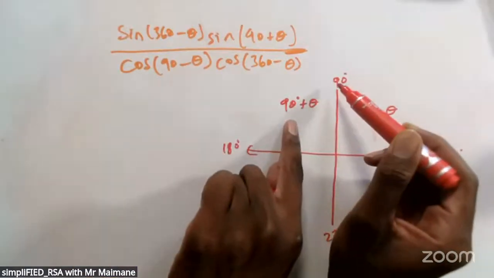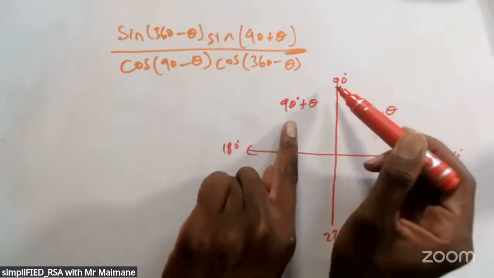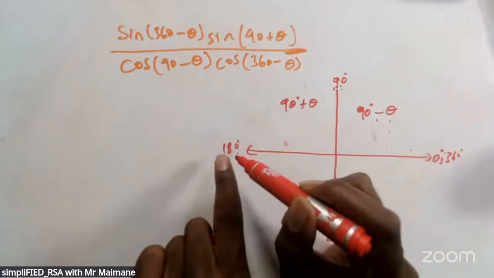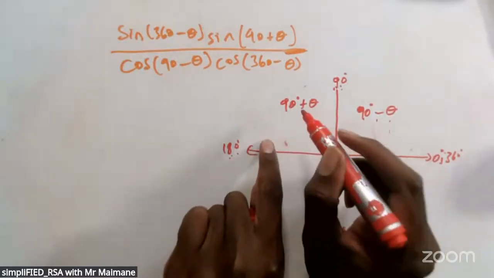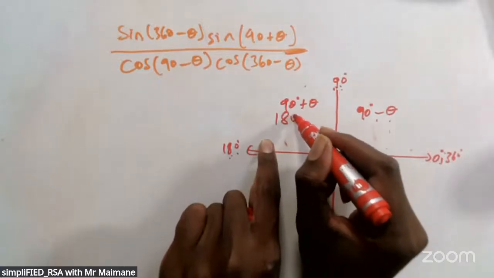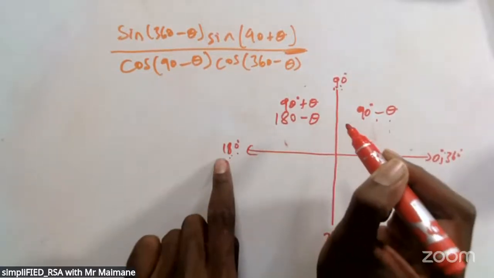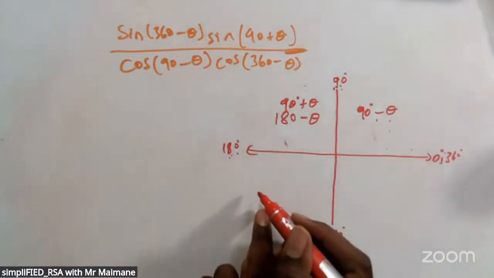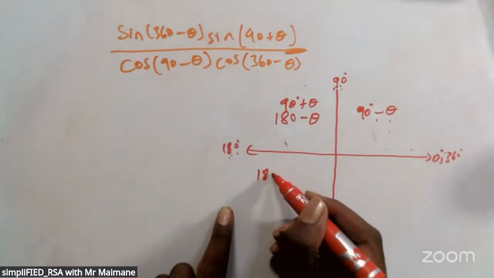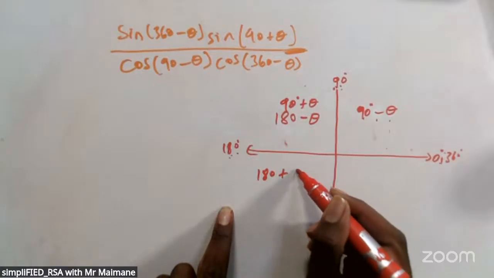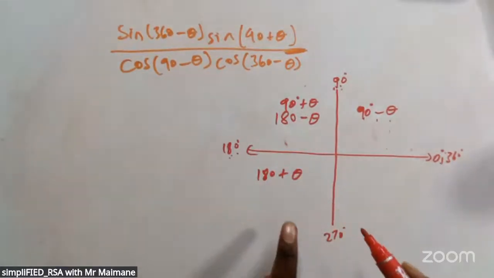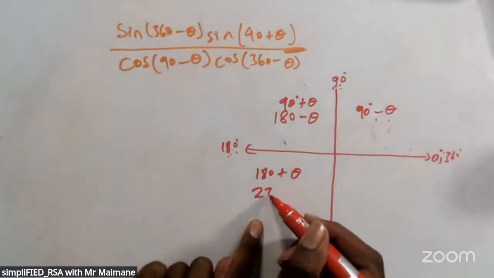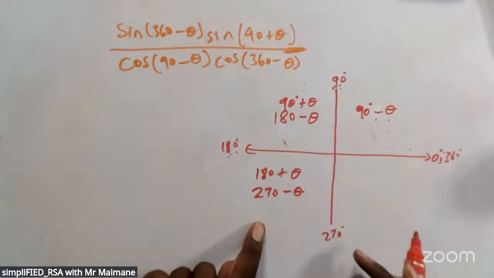So this side, it's 90 plus because we are adding from 90, but coming from 180 we are subtracting again, and it's also 180 minus whatever. From the third quadrant, we are adding from 180, so we have 180 plus theta, whereas from 270 we are going back, subtracting, so it's 270 minus theta.